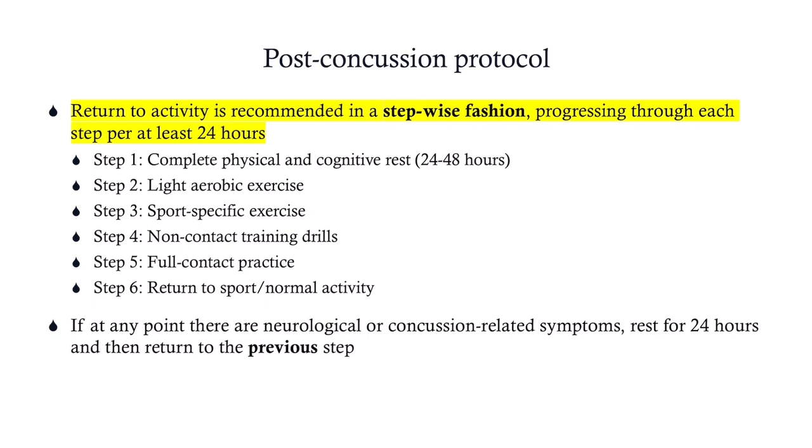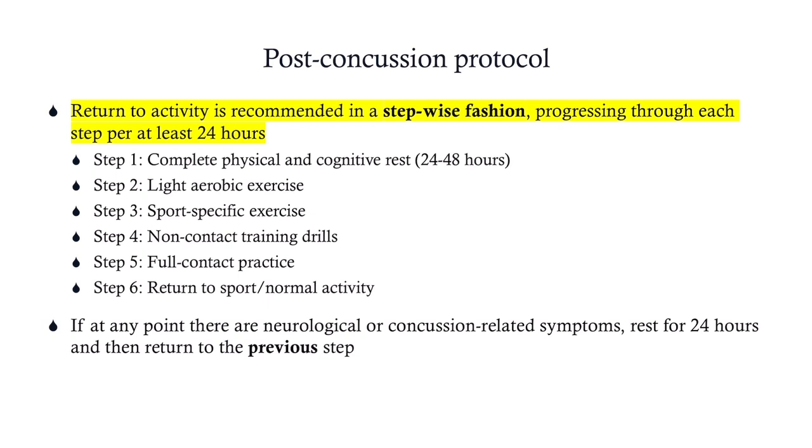Then we start gradually ramping up our physical activity. So some light aerobic exercise, taking a walk around the block, then some sport specific exercise. So if you play hockey, for instance, you can get out and skate, but really nothing more than that. Then step 4 is going to be non-contact training drills. So that means that you can do your practice, but no physical contact.